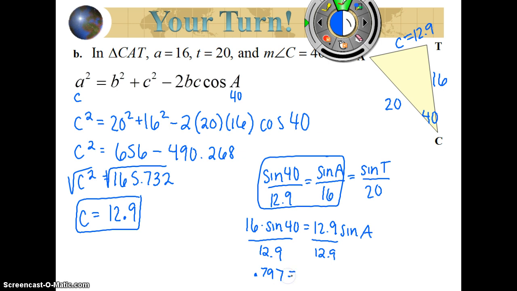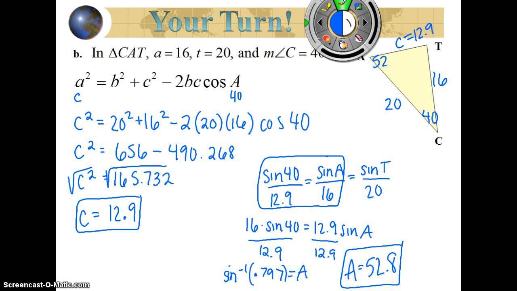And then I'm going to have to do the sine inverse to get A by itself. So we're going to do the sine inverse of both sides. And that's going to leave us with A on the right. So the sine inverse of 0.797 is going to give me 52.8. So angle A is 52.8. I rounded to one place.